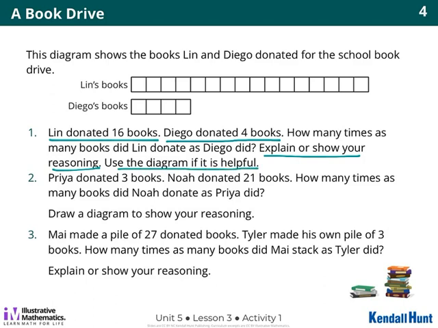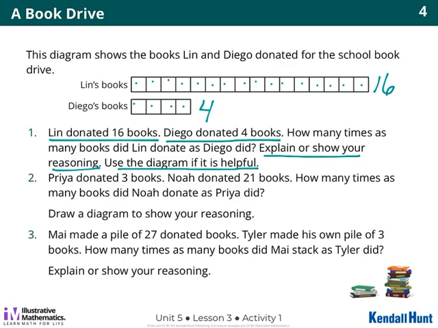Okay. So, if I count up here, how many cubes does Lynn have? 16. Everybody? 16. 15, 16, yep. And how many cubes does Diego have? 4. So, how many times as many books did Lynn donate?